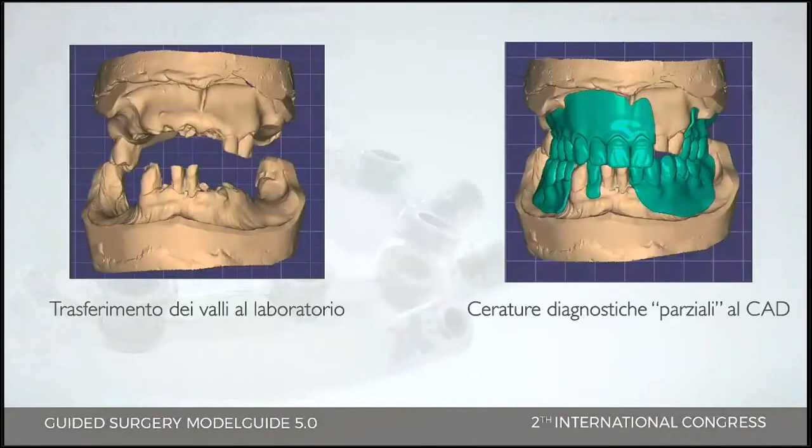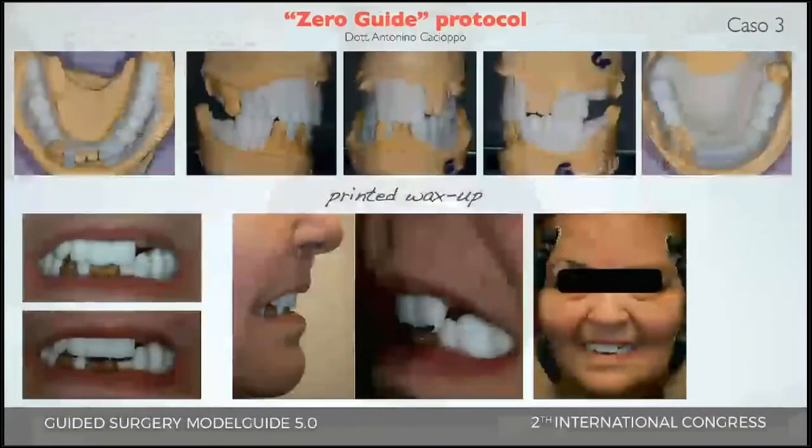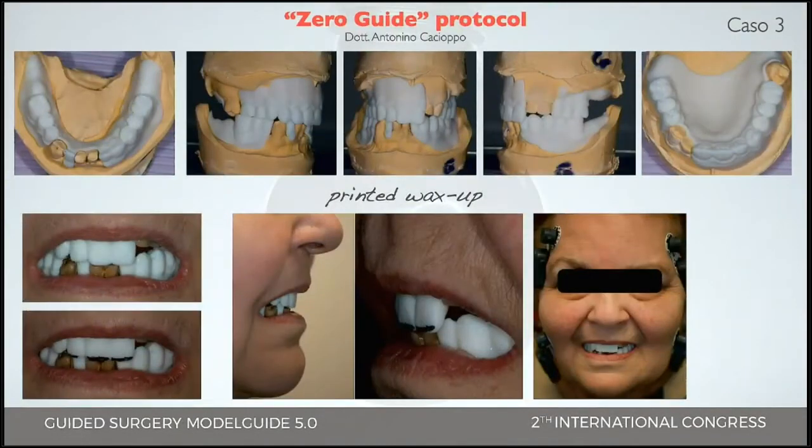After that, everything in the digital world. This is the lab side, and we have the digital workshop of the missing teeth, of course. We printed this digital workshop, and this is the try-in.